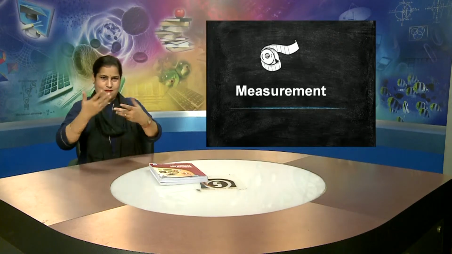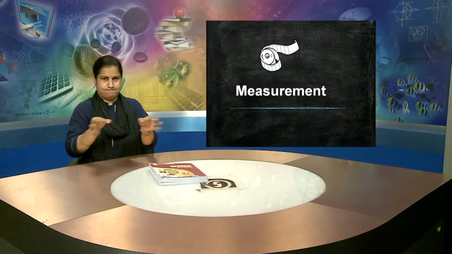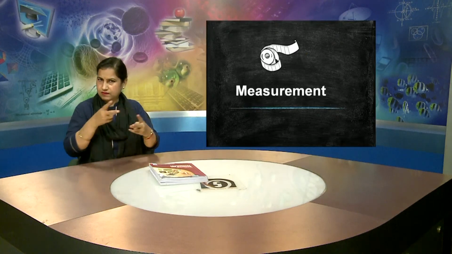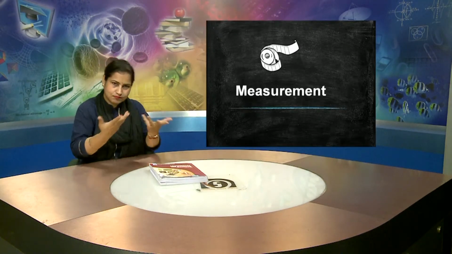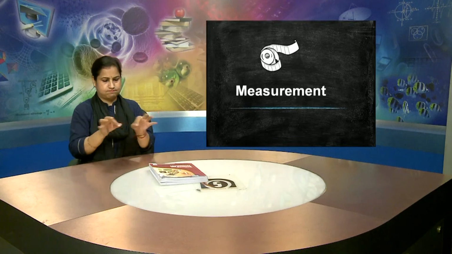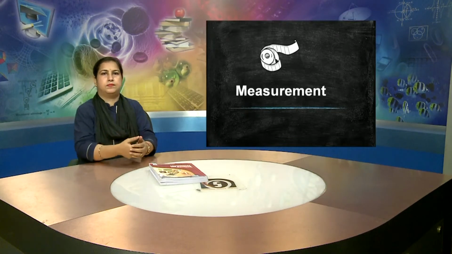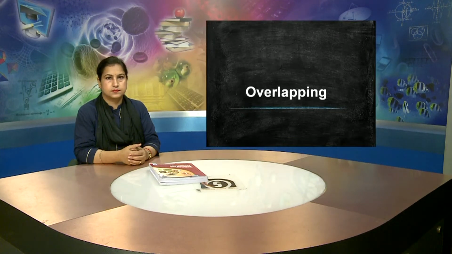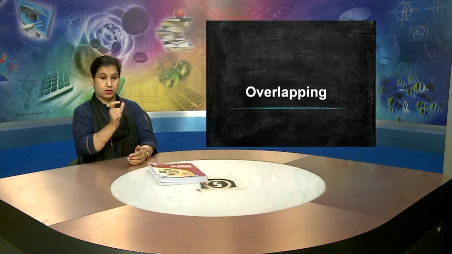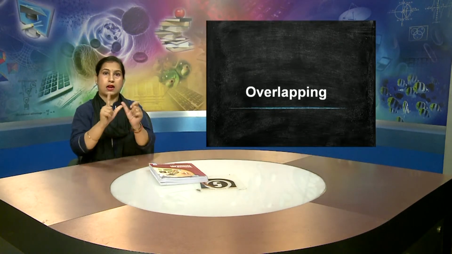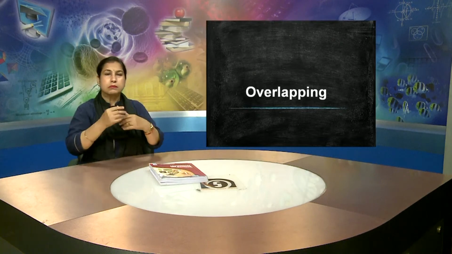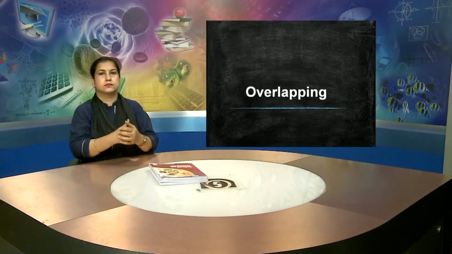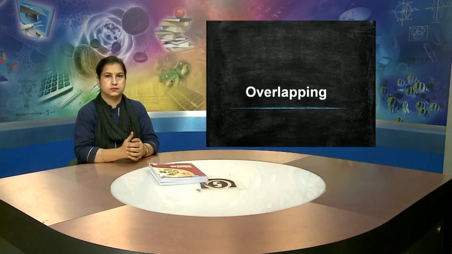Measurement: you all have experienced this. We measure clothes. At home, you see we measure different things on a regular basis. Overlapping: we can see the image in the next slide.